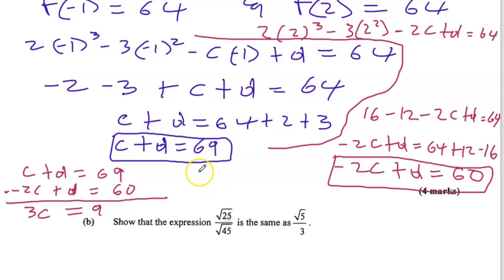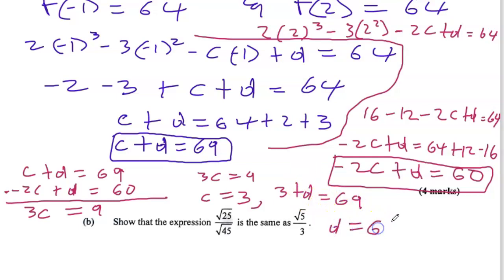So we end up with 3c equal to 9. Divide both sides by 3, so c is equal to 3. Then to get the value for d, we can plug it into this equation: 3 plus d equals 69. If I subtract 3 from both sides, d is equal to 66. So the solution is c is 3 and d is equal to 66.